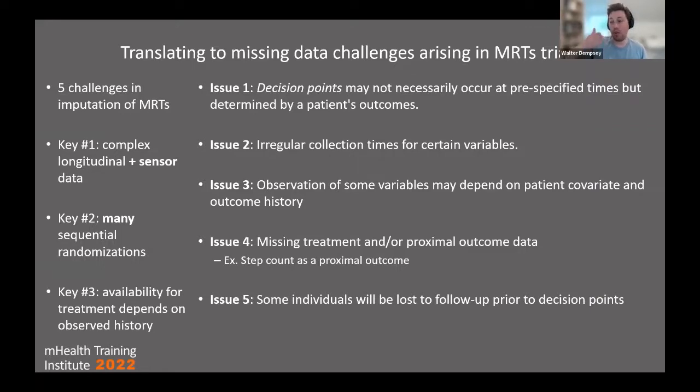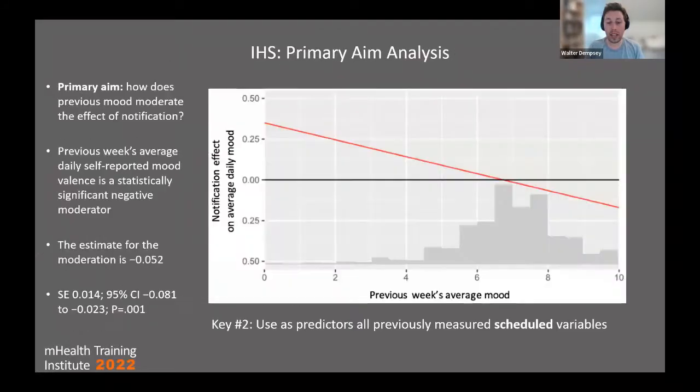Why? Because if you're familiar with causal inference, one of the things you're concerned with is using post-treatment data to impute a current value. There's literature on sequential randomized trials and imputation, and the recommendation I'll give to you today is to carefully use the historical data, not future data, to do the imputation. So in the context of the Intern Health study, I want to analyze it like an MRT.